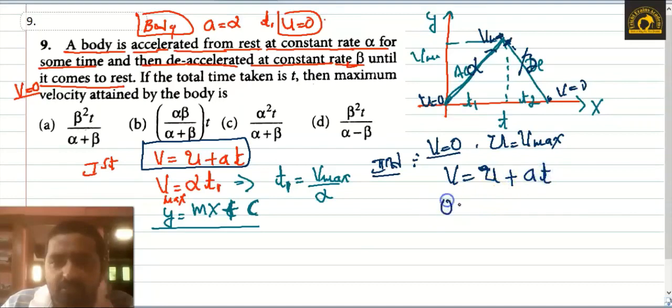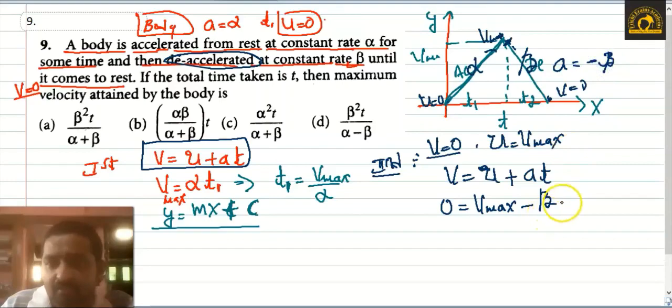V means 0, and the initial velocity is V maximum. It is a de-acceleration, which means A is equal to minus beta. Into time T2. So then V maximum is equal to beta T2.